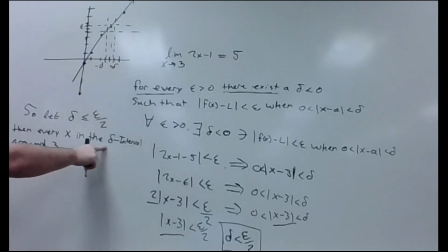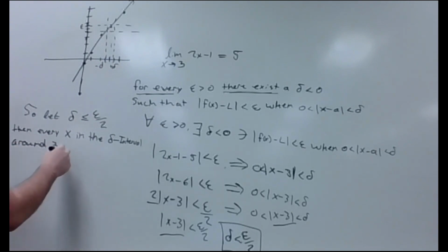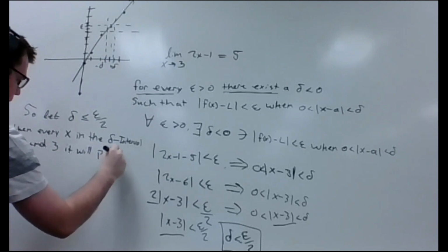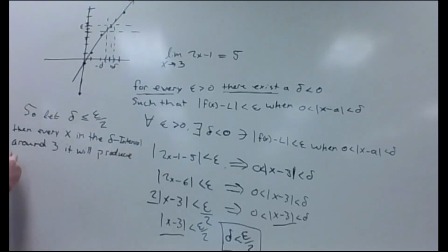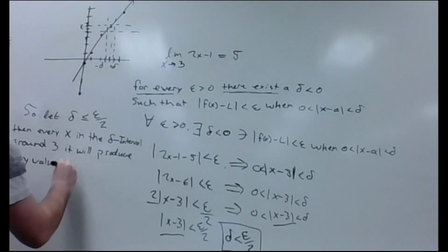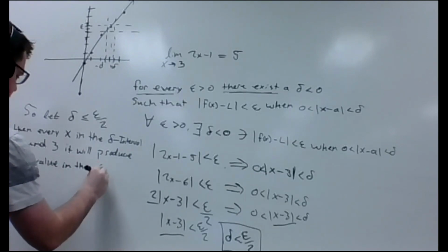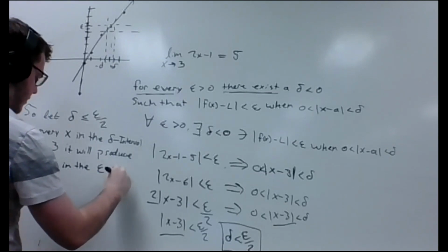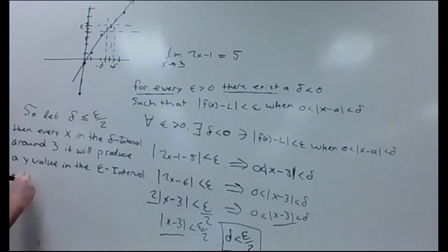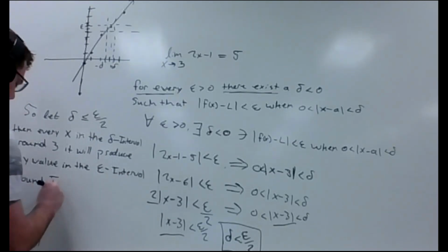So for every x in the delta interval around 3, it will produce a y value in the epsilon interval around 5.